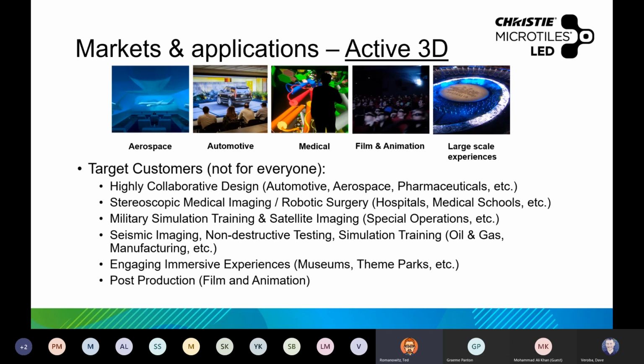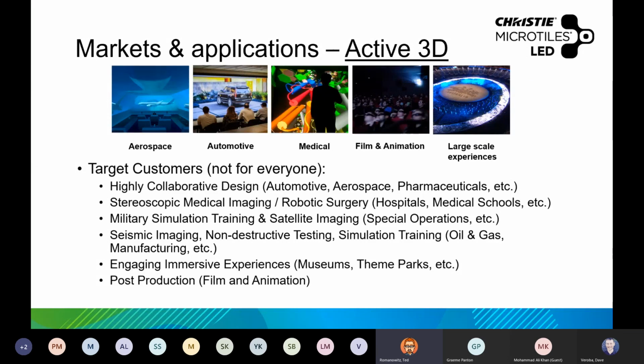A lot of this is special operations activities, but there are also other government and military applications. And then in terms of oil and gas, there's seismic imaging, non-destructive testing of their pipelines, and simulation training of their systems. These are all really good applications.